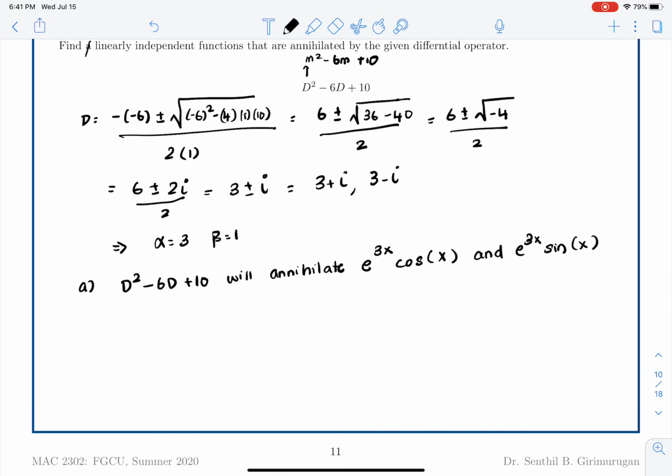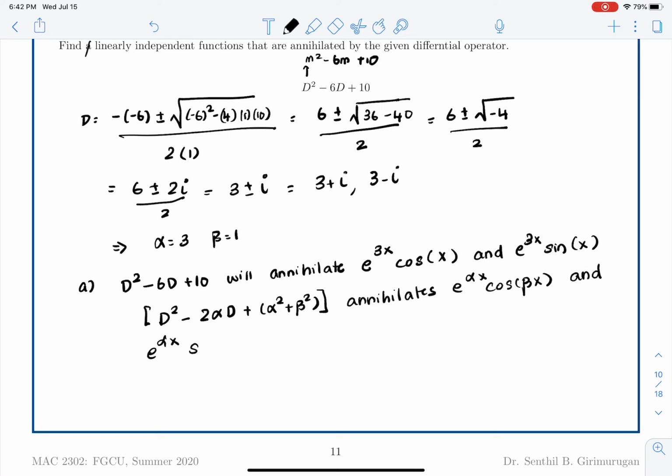Another way to find it, we know that d squared minus 2 alpha d plus alpha squared plus beta squared annihilates e raised alpha x cosine beta x and e raised alpha x sine beta x.